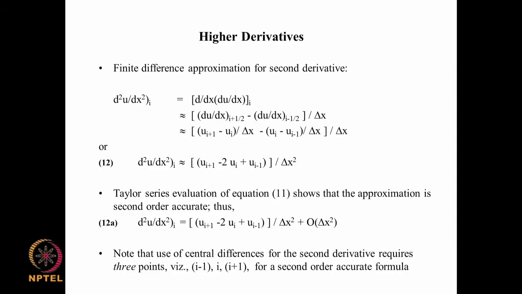We can write this second derivative as d by dx of du by dx at i, and now if you call du by dx as a function f, for example, df by dx at i can be written as du by dx at i plus half minus du by dx at i minus half divided by delta x.